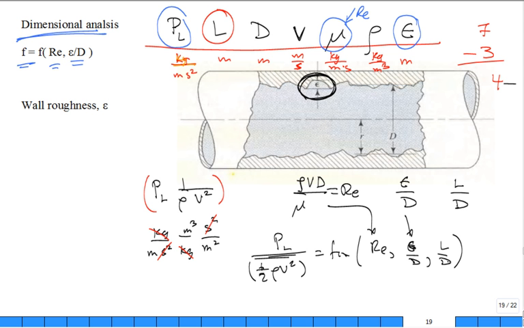That makes sense? Last time you did a quiz, and a lot of people, this is the way you really write or express those results. This is a dimensionless parameter as a function of other dimensionless parameters.